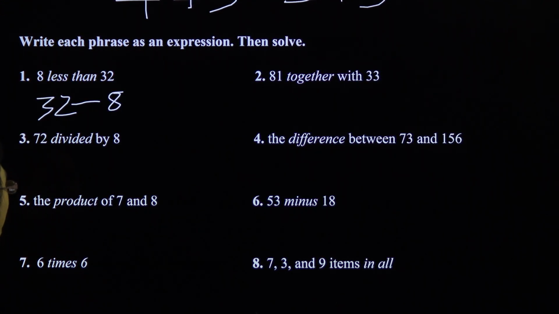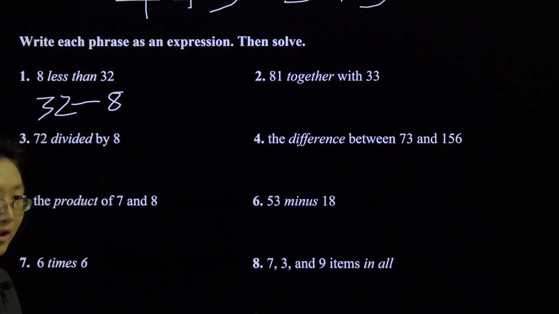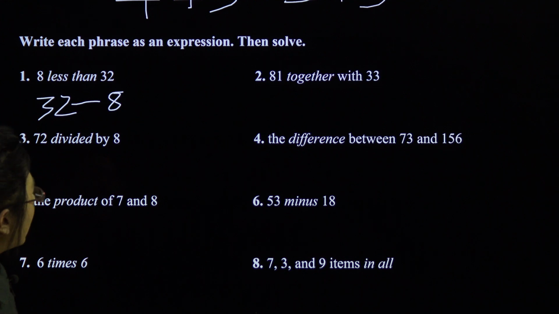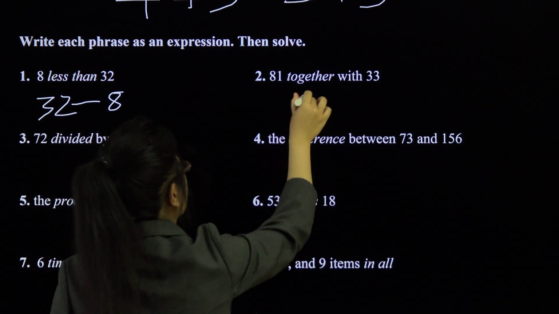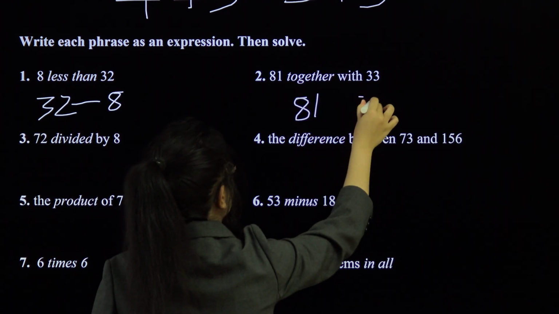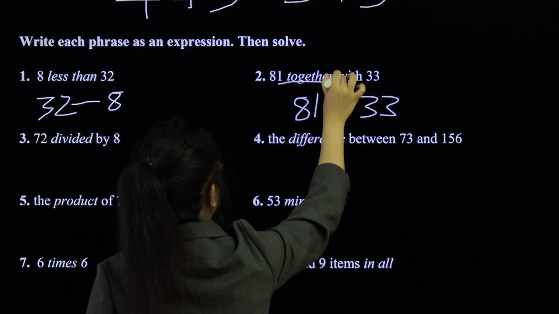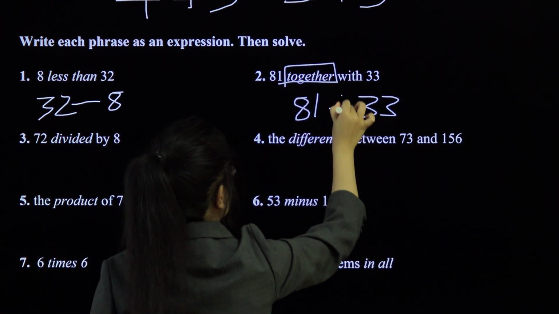Well, if you think about it, there's 8 less candies than yesterday. There were 16 candies yesterday. That's 16 minus 8. 81 together with 33. Together is for addition.